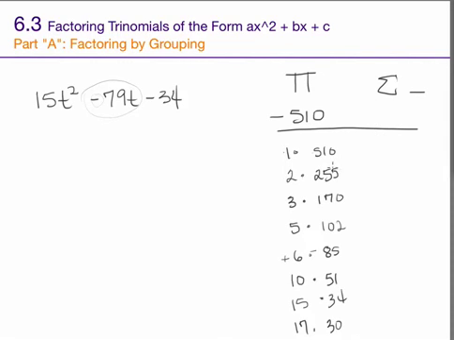So when I subtract 1 from 510, I get 509. When I subtract these two numbers, I get 253. 170 minus 3 is 167, and so on.